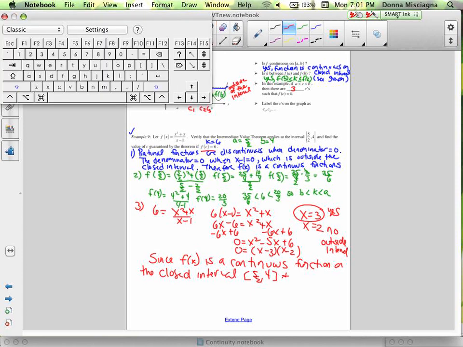Oops, I had one little error here. I put b and a. A and b are x values. I should have said f of b, k, and f of a. And f of b less than k less than f of a, as shown above.